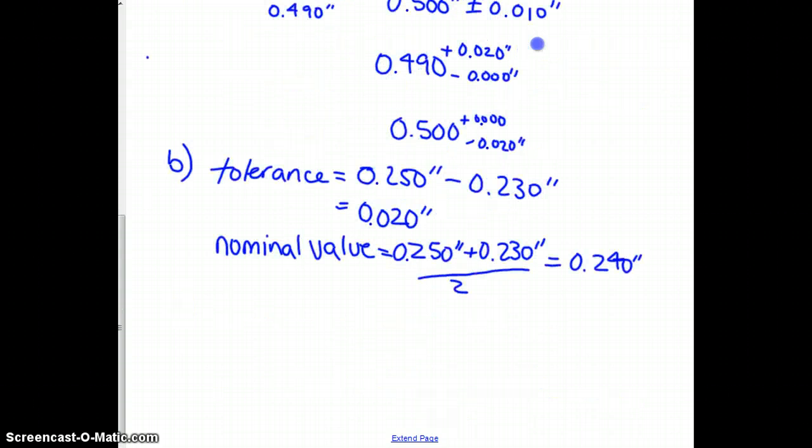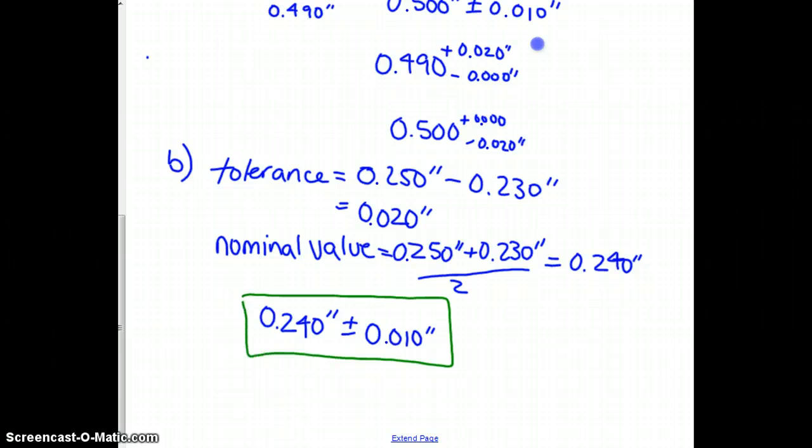Now if I want to rewrite this, the nominal value is 0.240 inches plus or minus half of our tolerance. Half of our tolerance is 0.010 inches. So that would be your final answer.